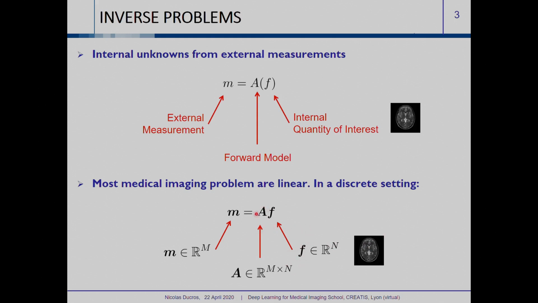A is the forward model, it's a matrix. M is the measurement vector. I'm going to explain this and then I will go back to A. M is the measurement vector, it's a column vector, it has m entries.